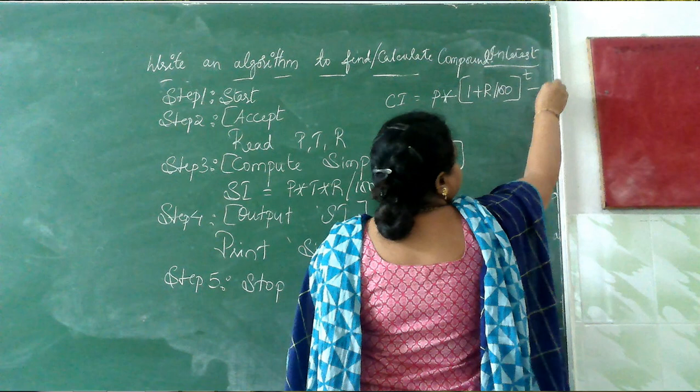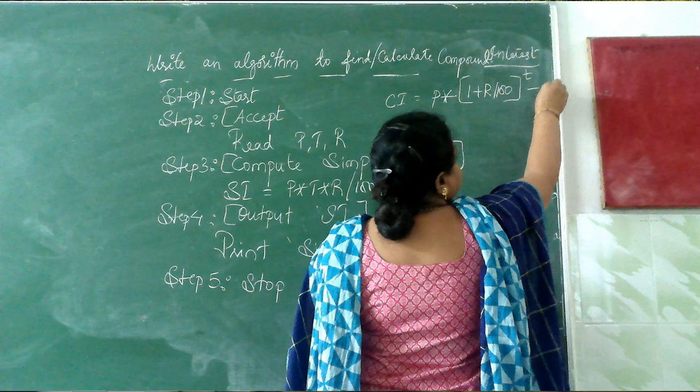Step 1 start. Step 2 accept principal, time and rate. That is we are accepting, reading P, T, R. Then we are computing simple interest, and simple interest is equal to P into T into R by 100.